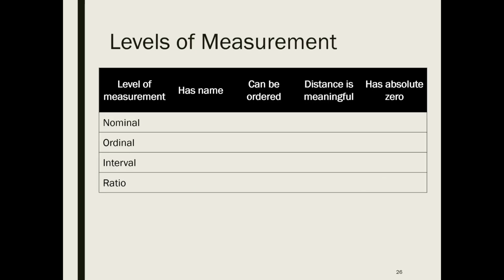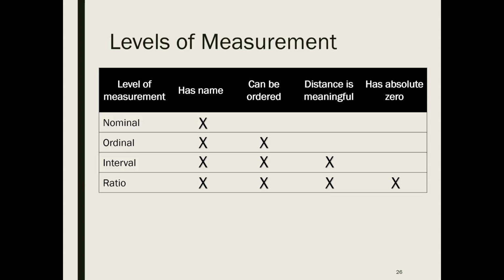So here are the levels of measurement and how you decide which variable is which kind of level of measurement. Every variable should have a name, right? Every variable should have a name. If the variable can be ordered, so that it goes one step up, it becomes an ordinal.